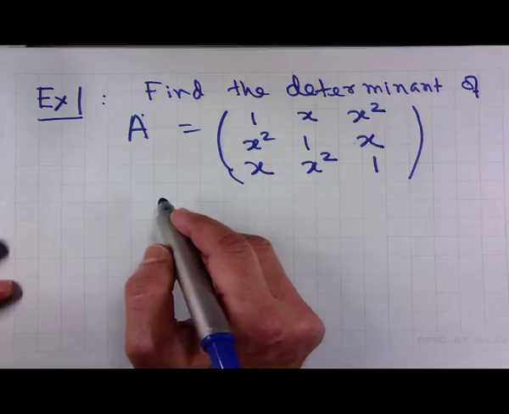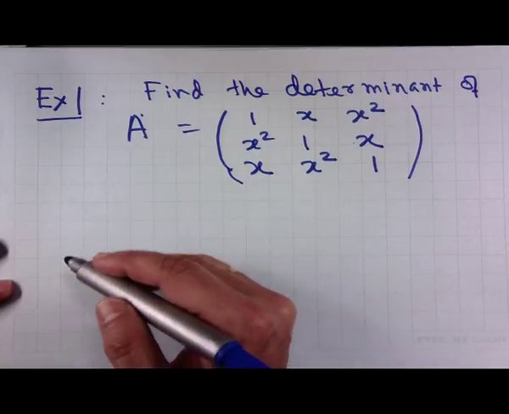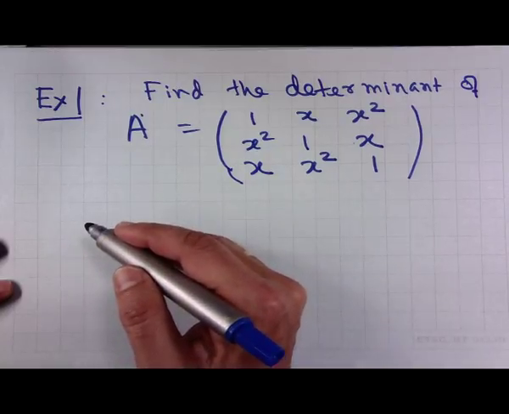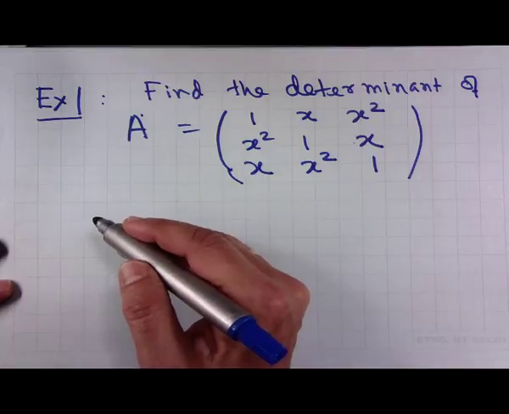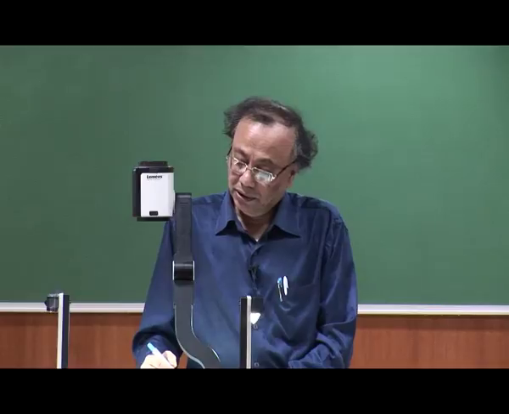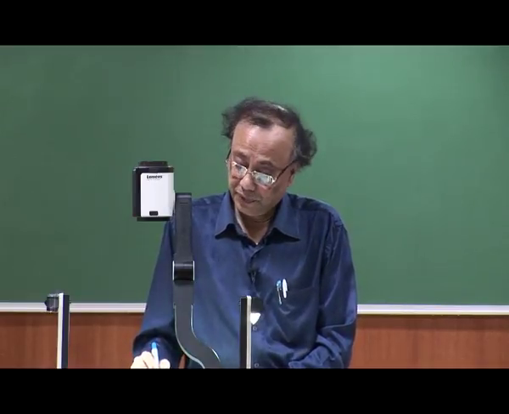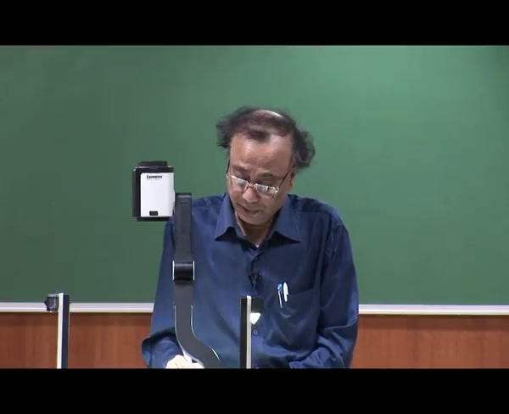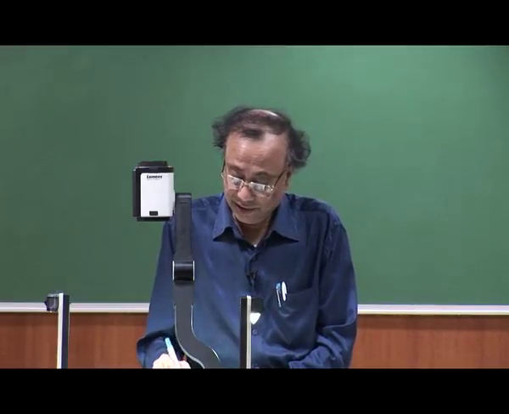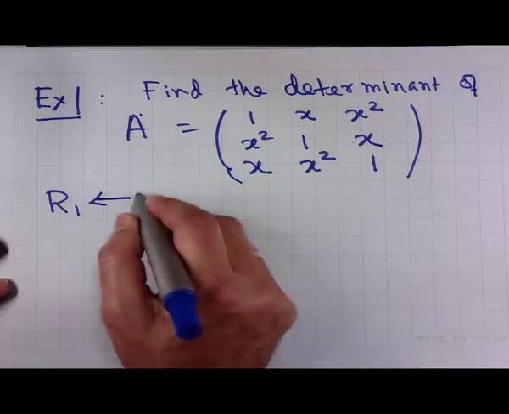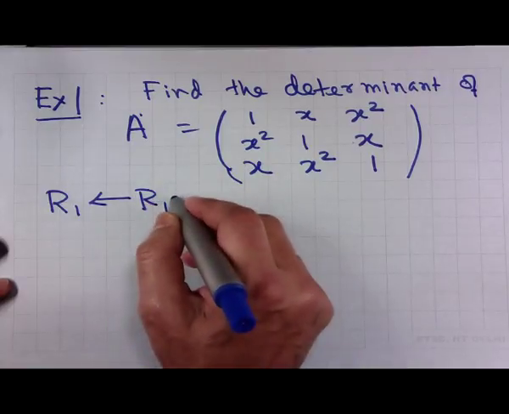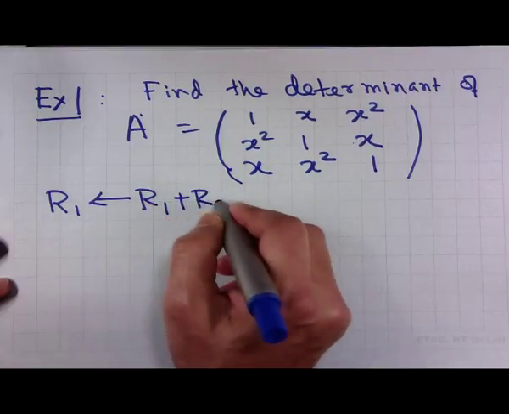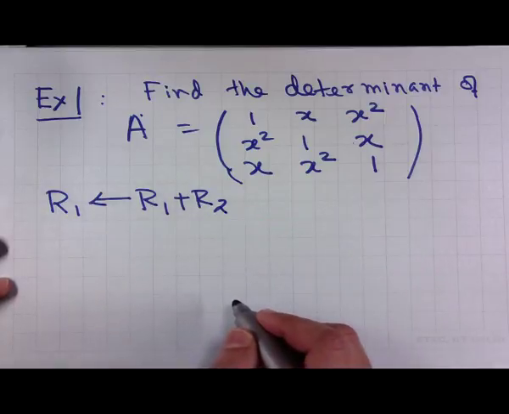Since we know that by adding two rows we do not change the value of the determinant, we will try to use that property here. Say, for example, I change row 1 to the summation of row 1 and row 2.